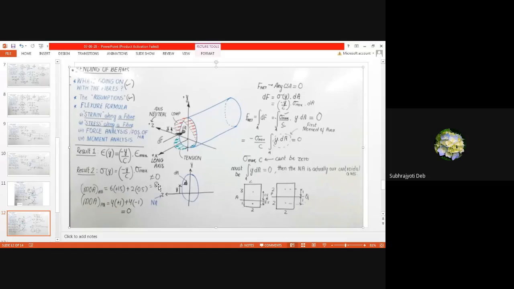So 6 into 1.5 plus, now this 2 into 0.5. What will be this distance? If the height is 1, the distance is 0.5, half of it. This is 2 into minus 0.5.